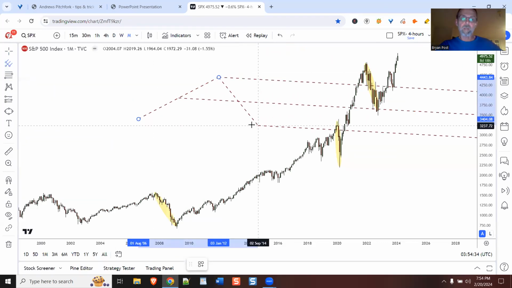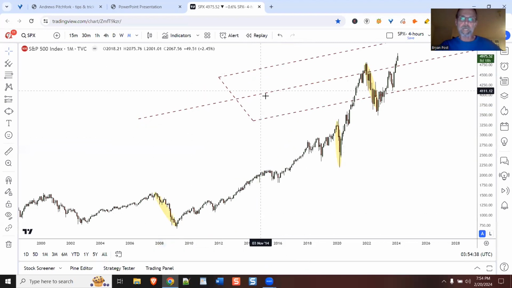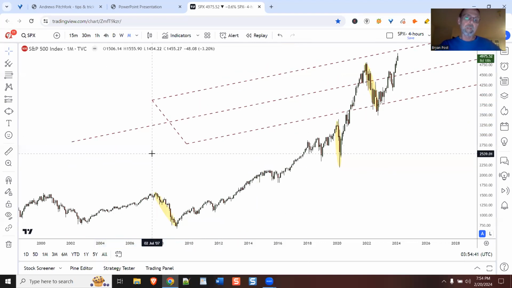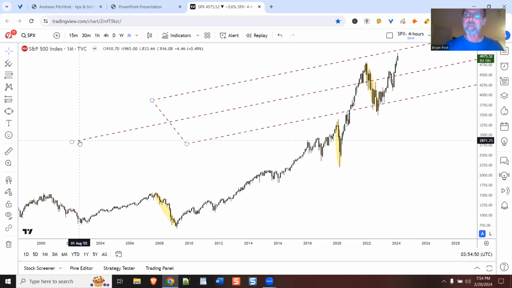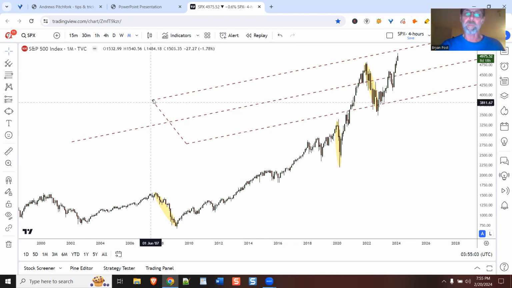that a pitchfork, let me change this to the original or standard pitchfork. A pitchfork is based on three pivot points. We've got the origin. So the origin is our first point, and then we get a turn point, the first turning point, and then a second turning point.